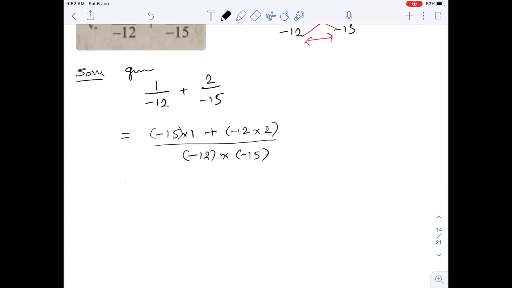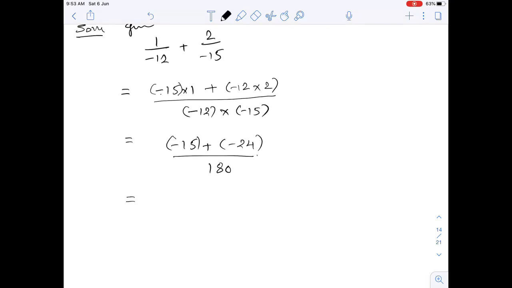That equals: minus 15 ones are minus 15, plus minus 12 into 2, that will be minus 24, divided by 12 15s. Minus into minus becomes plus, so no need to write it, and 12 15s are 180.